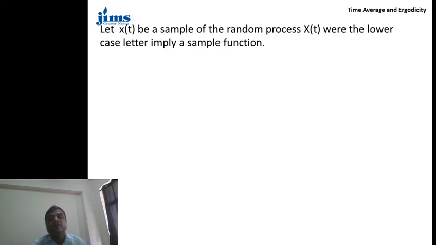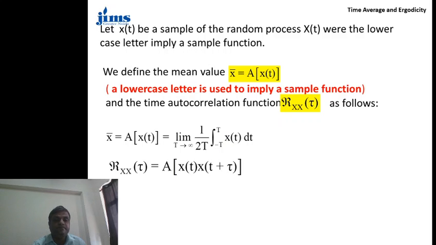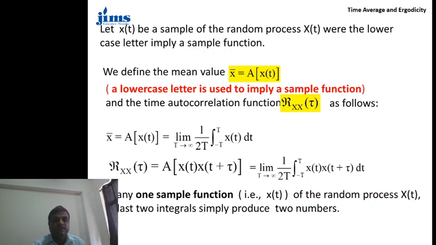It means a random process is represented as capital X(t) and its sample is represented as lowercase x(t). We define the mean value like this, and the autocorrelation function as follows. These are basically the averages.